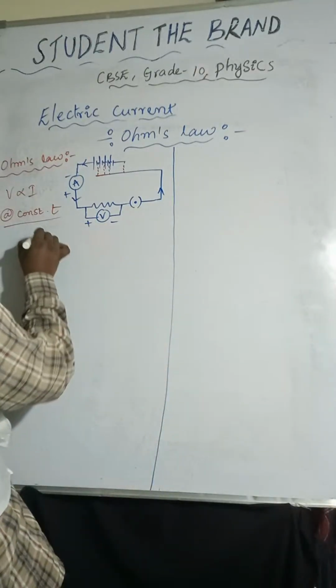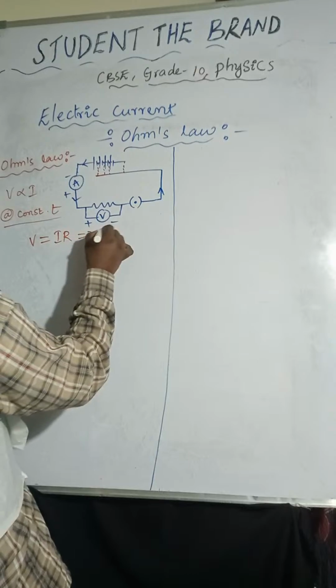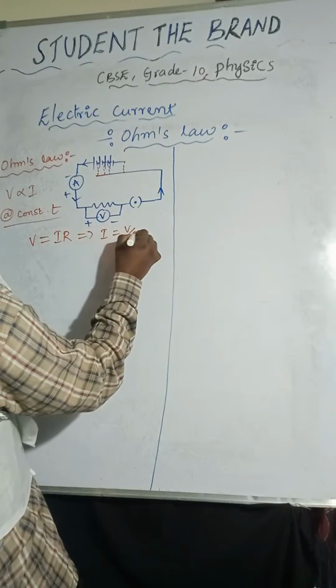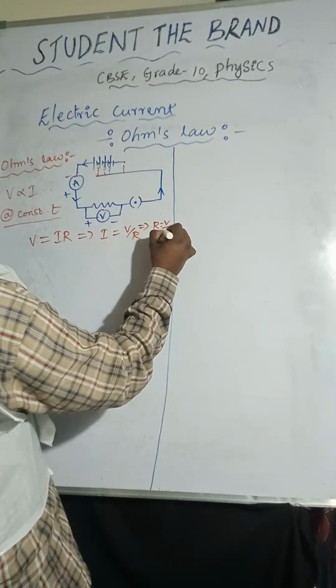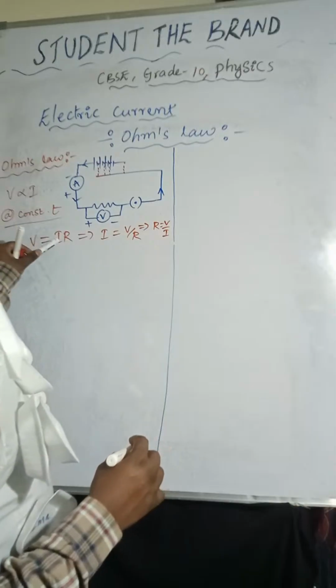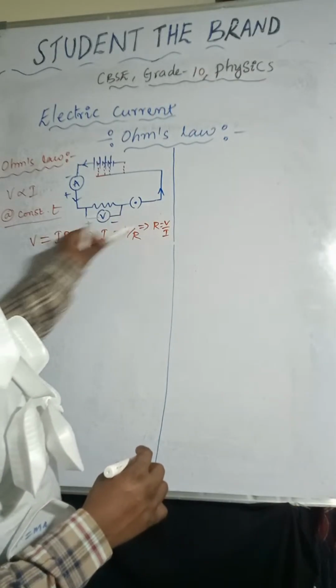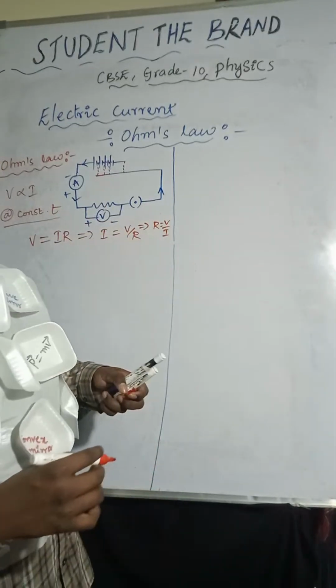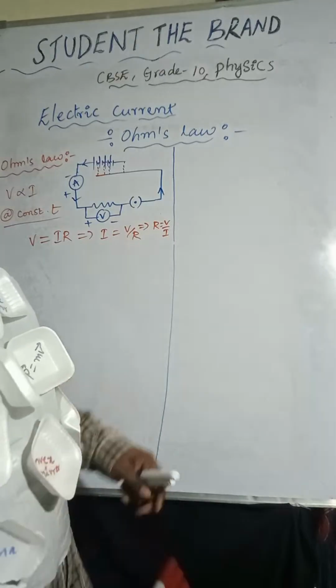So V is directly proportional to I at constant T. So V equals IR, I equals V by R, and R equals V by I. So that is about the Ohm's law diagram.